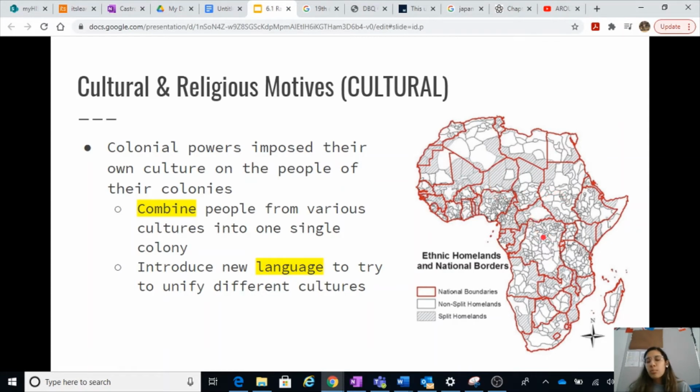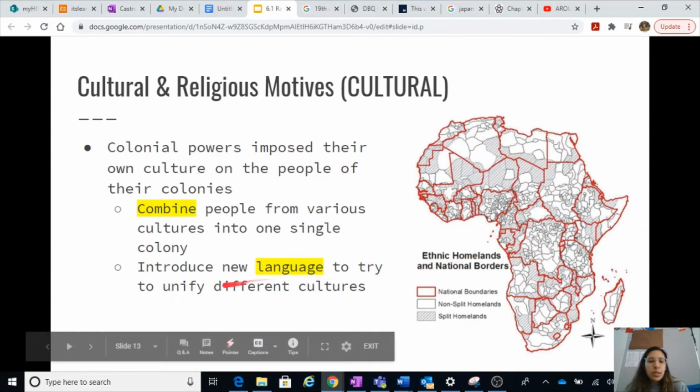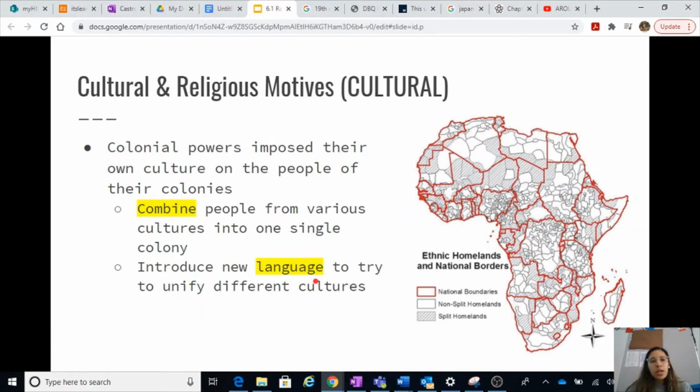They're smushing a bunch of people that have different cultures, different customs, different languages into one colony. Europeans are going to try to introduce a new language like French, Portuguese, or English to try to unify these different cultures.